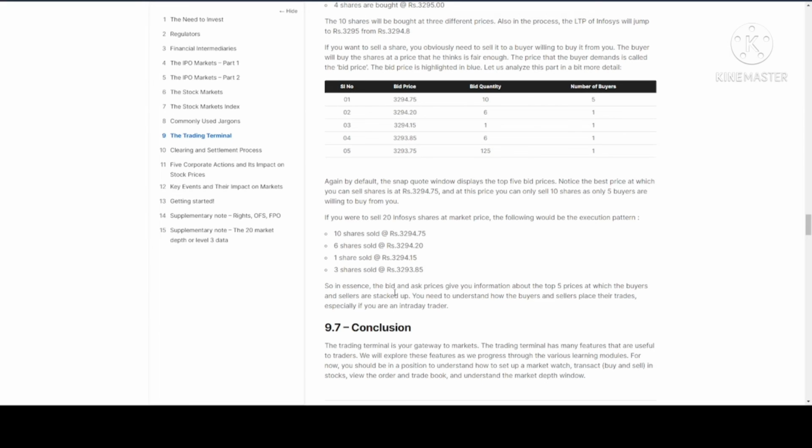So if we sell at market the price goes down, and if we buy at market the price goes up. So in this sense the bid and ask price give you information about the top 5 prices at which the buyers and sellers are stacked up. You need to understand how the buyers and sellers place their trades, especially if you are an intraday trader.